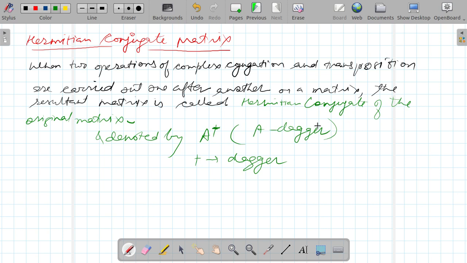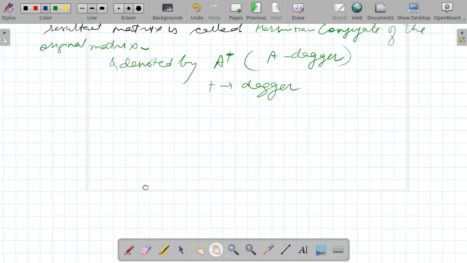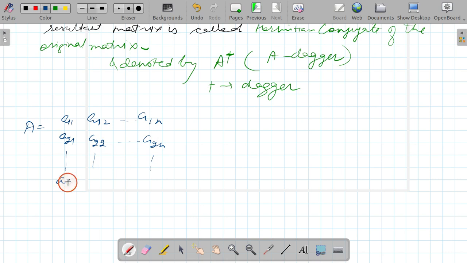So let us understand it by taking an example. Given a matrix A, which is A11, A12, A1n, A21, A22, and so on, A2n, and AM1, AM2, and so on, AMN.